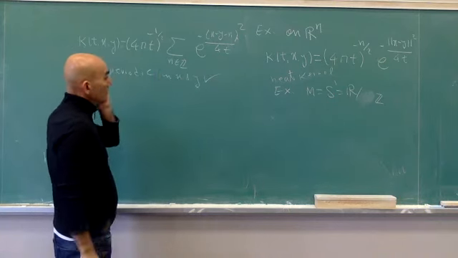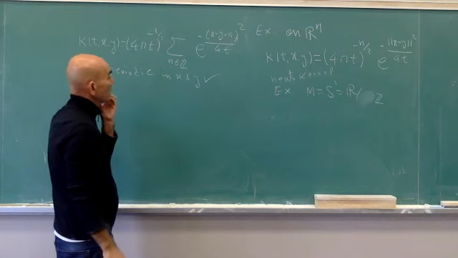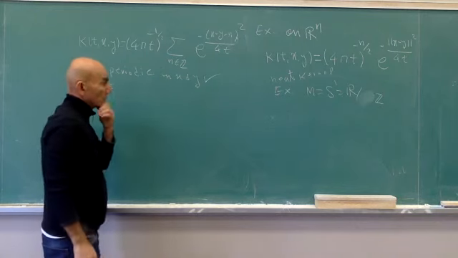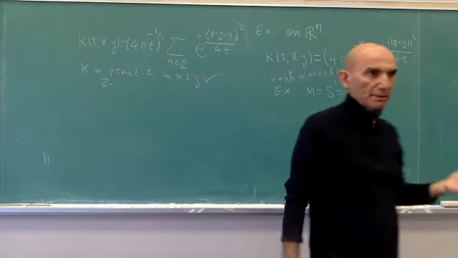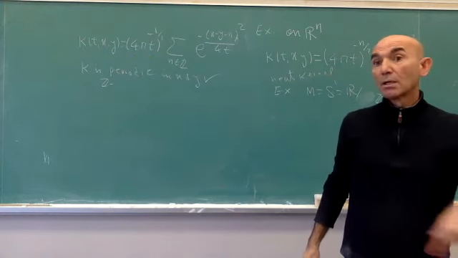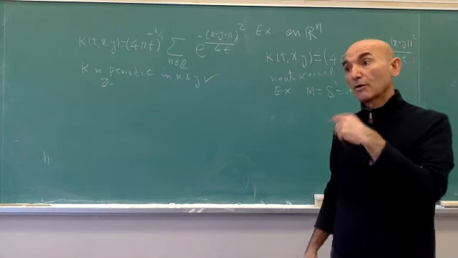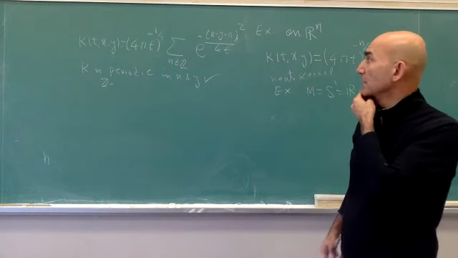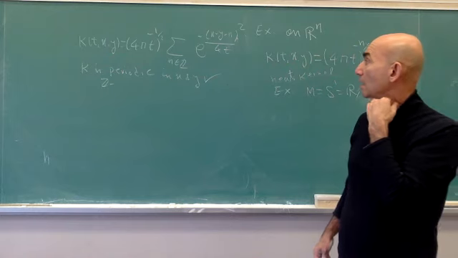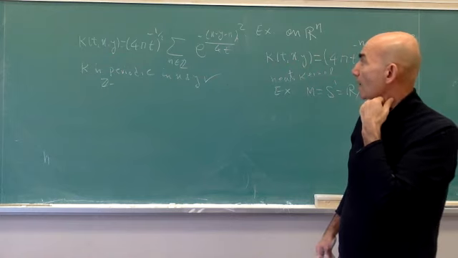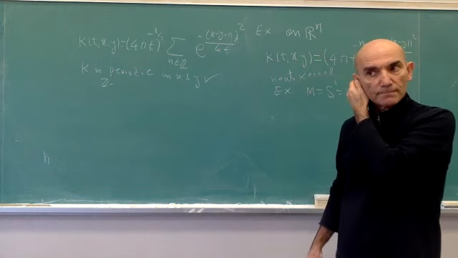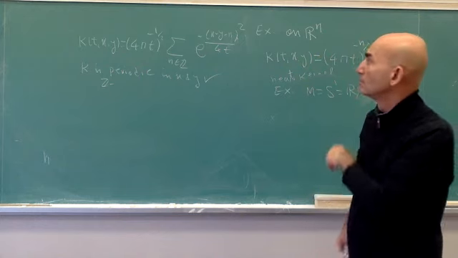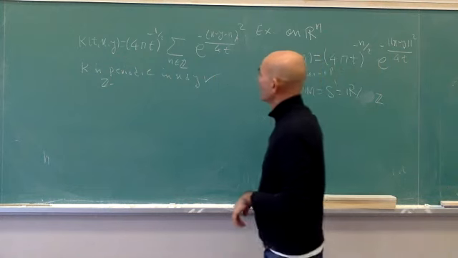And then we also need to check that, yeah, in this case, this is the heat kernel in both senses: in the sense that it's obtained by summing over all eigenfunctions, and also in the sense of heat diffusion. 4 pi t to the minus half.